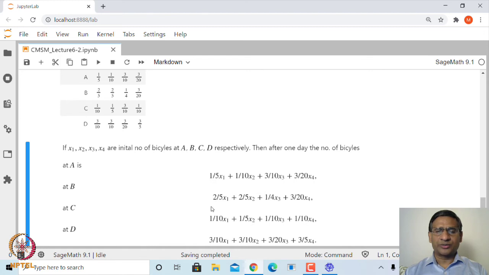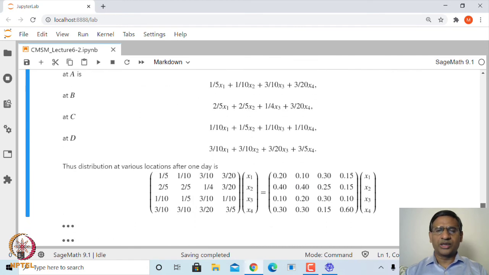Similarly, you can find the total number of cycles at B after one day, and at C after one day, and so on. And these 4 expressions can be written as a matrix multiplication of this matrix A by x1, x2, x3, x4.